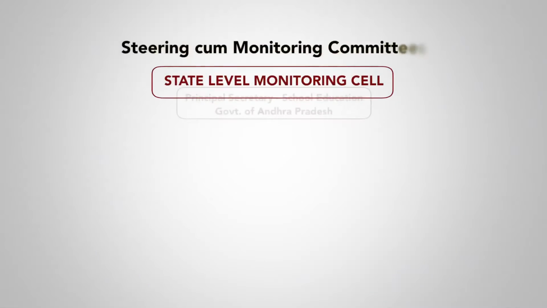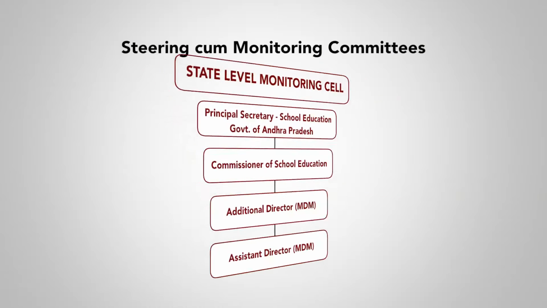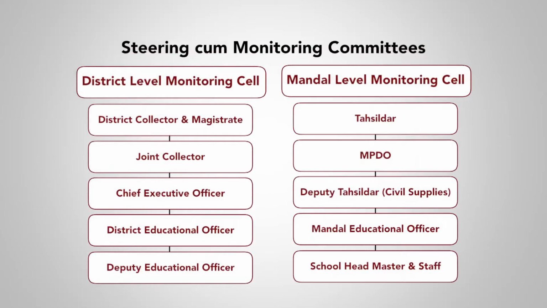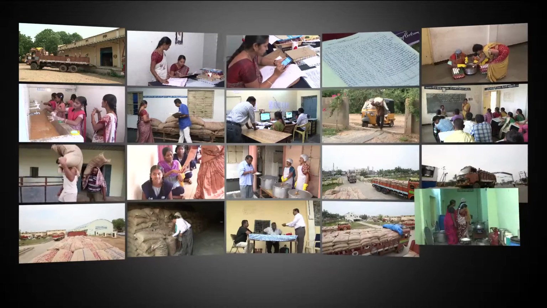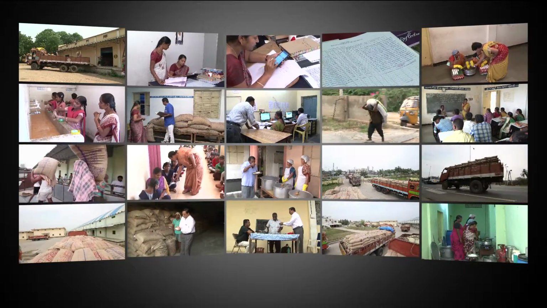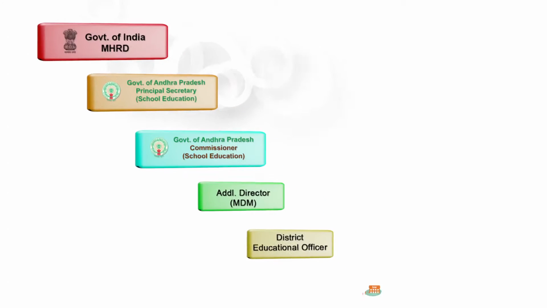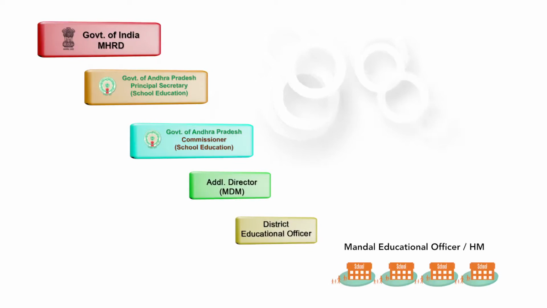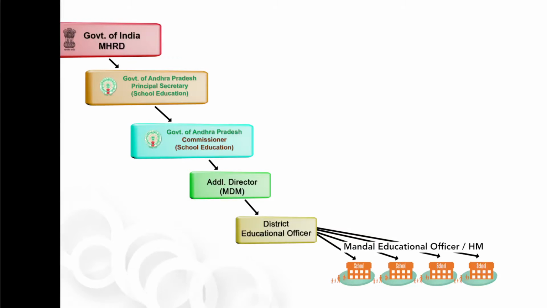To do this, steering-cum-monitoring committees are set up at the state, district and mandal levels to oversee the effective implementation of the program in order to avoid lapses at any level. The MDM program implementation arrangements and fund flow mechanism from Government of India to state, district, mandal and school level is as indicated in the flow chart.